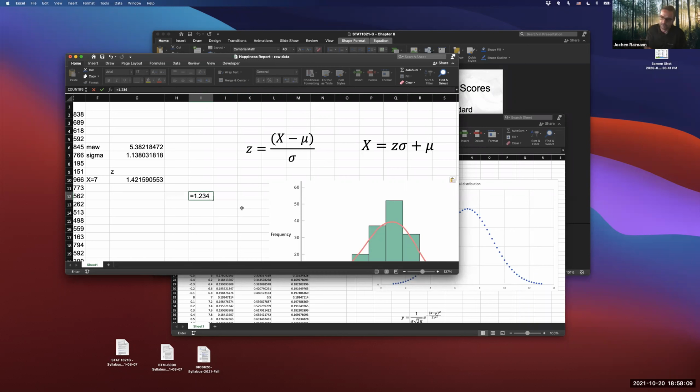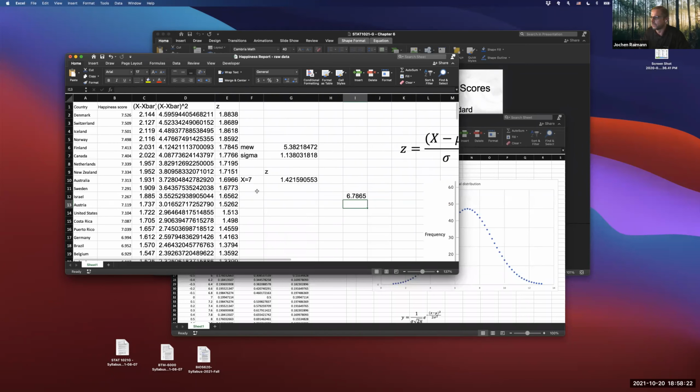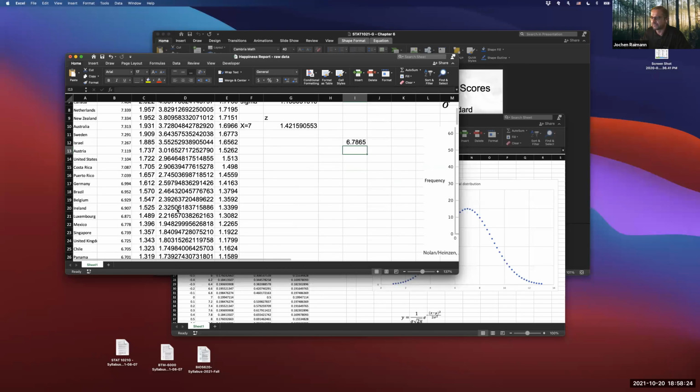So if I want to know what score a Z of 1.2354 multiplied by sigma plus mu gives, that would be a happiness score of 6.7865. That's approximately where Mexico is.